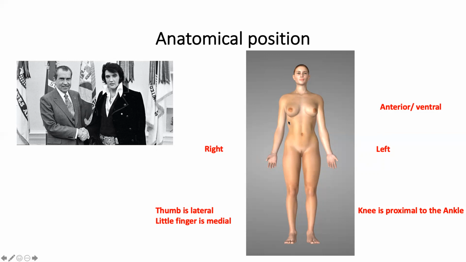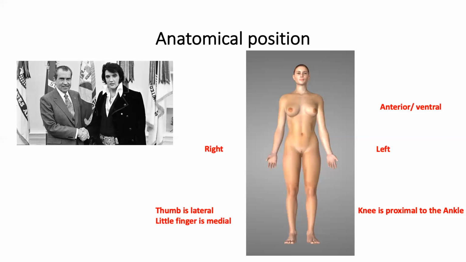And we will say, this is the right hand of Elvis. This is the right hand of Richard Nixon. And so this is the right arm, right hand of this cadaver, and this is the left hand. So I want you to take note: it is not from the view we have, it is the person's right and left.